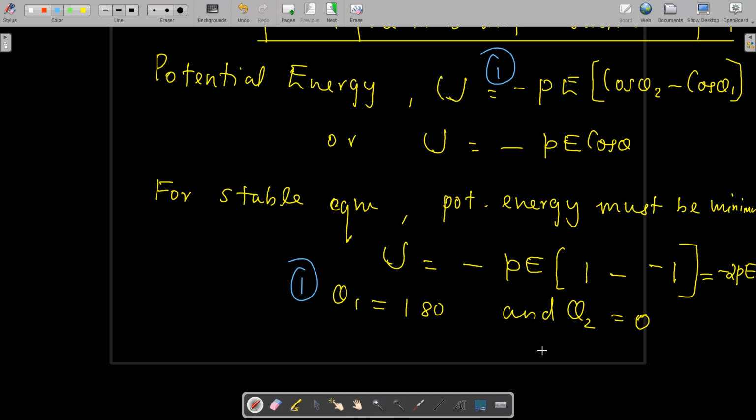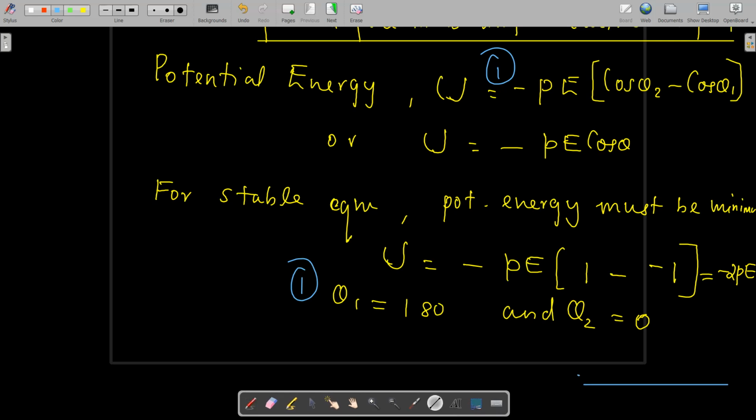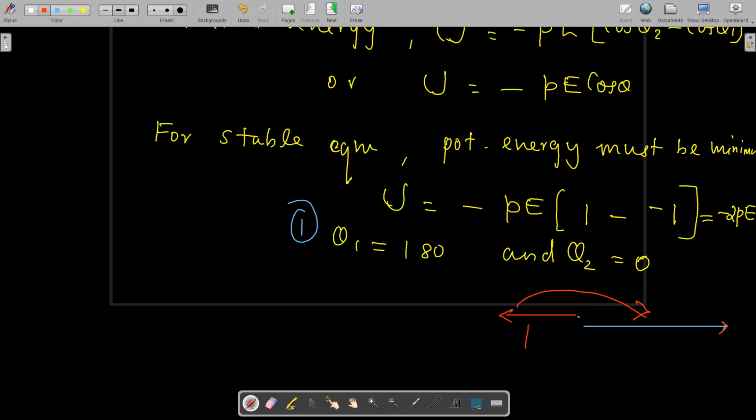What does it mean? This is the direction of the field. The dipole should orient from the anti-parallel position to the parallel position. This is our dipole. This is the anti-parallel position: the dipole moment is in the opposite direction of vector E. Now the angle theta 1 is 180 degree.